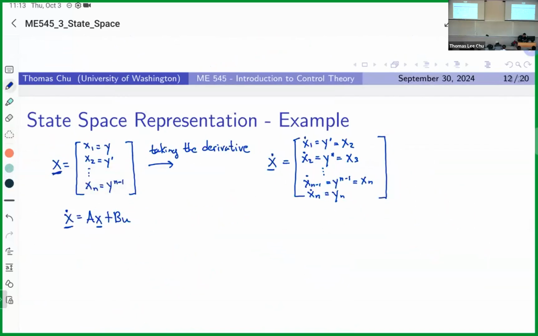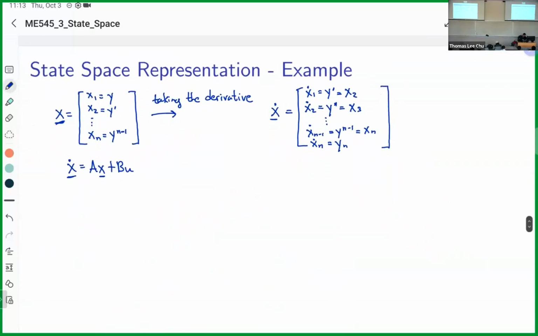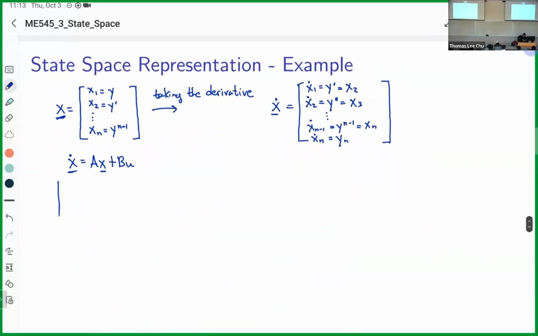Okay. So I'll write this out again and write this fully. It's going to be x1 dot, x2 dot, we'll go to x3 dot, all the way down to x dot n minus 1 and x dot n.